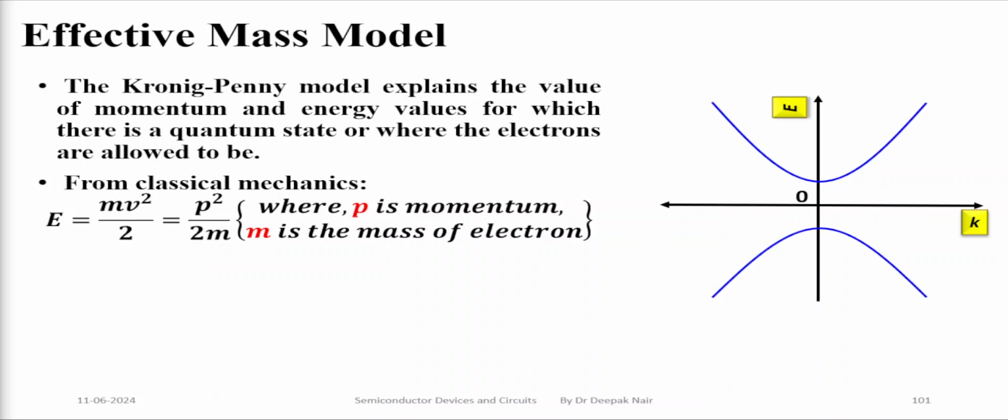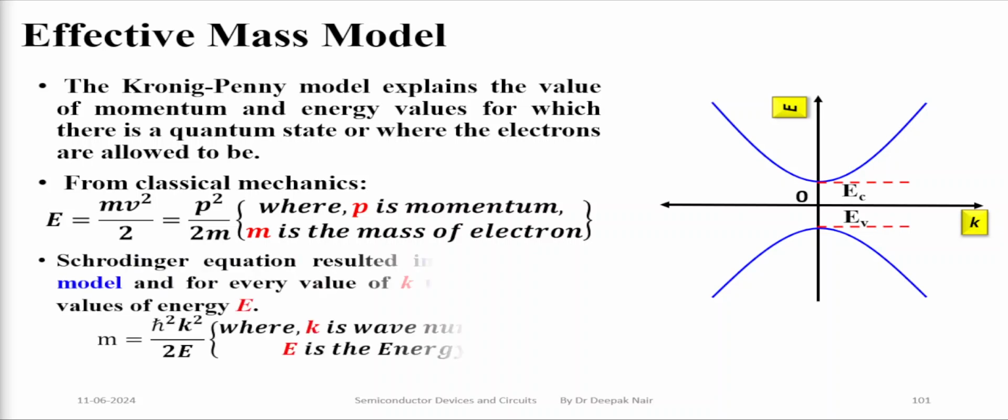So here, let us talk about the energy bands. Here we have the conduction band, with energy EC, and at the bottom we have the valence band. Now, with the help of this Kronig-Penney model, what else can we find? Remember, the Kronig-Penney model was actually developed with the help of Schrodinger's equation.